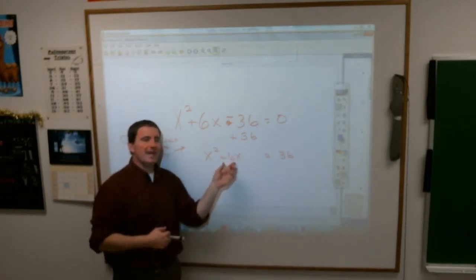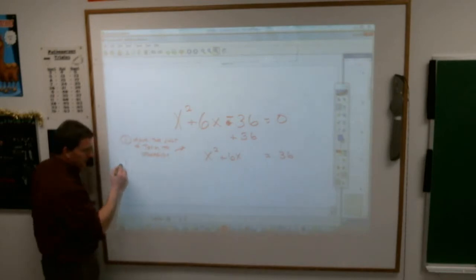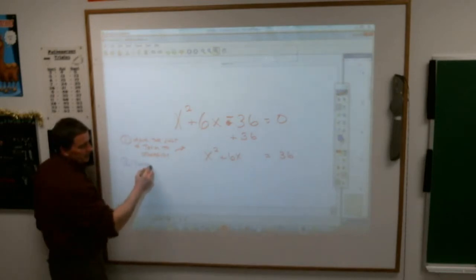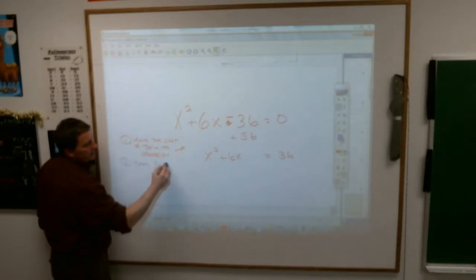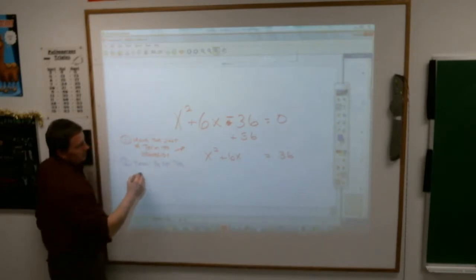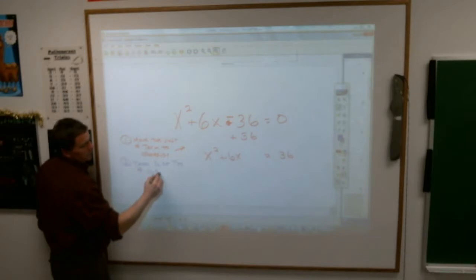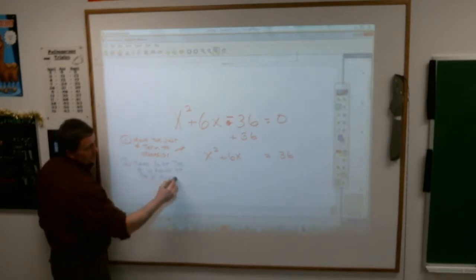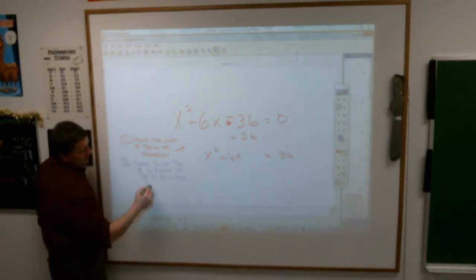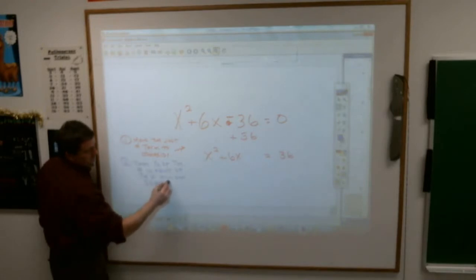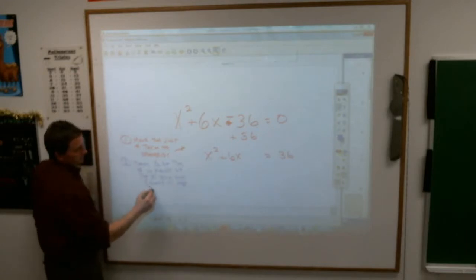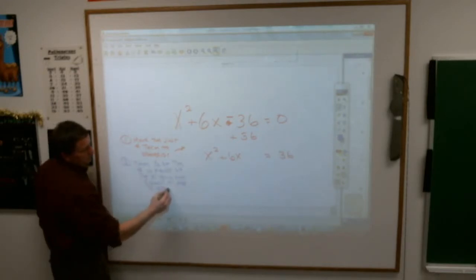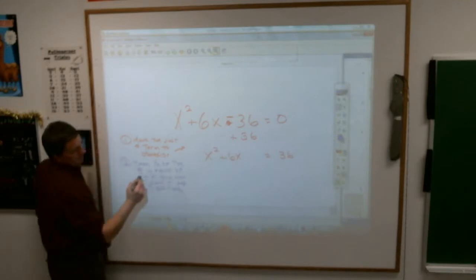It comes from step number 2: take 1/2 of the number in front of the x term and square it. Add that to both sides, because you can't just add it to one.